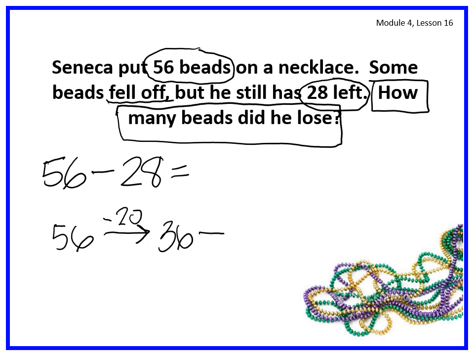Now I can subtract the remaining 8, but 8's kind of hard, so I'm going to just subtract 6 first to give me 30 and then the remaining 2 from the 28. And that gives me 28 beads.